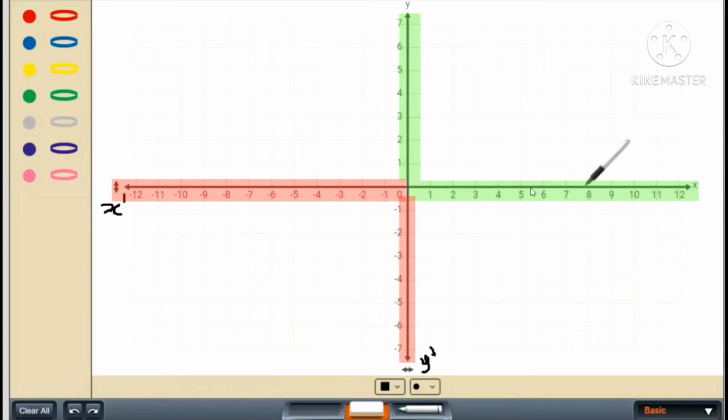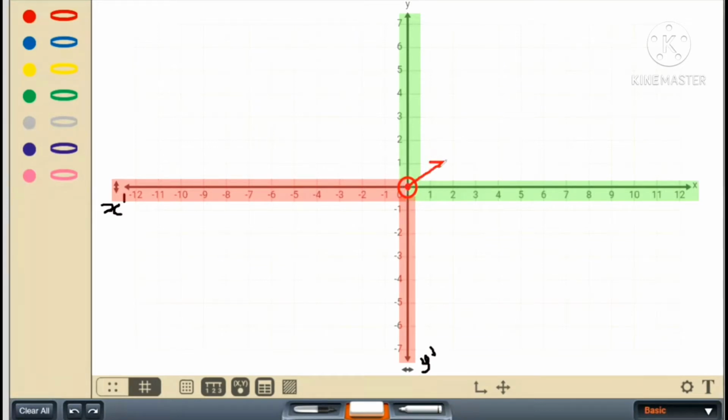So let's see, the x-axis and y-axis are both number lines, and both axes intersect at a point. You see the point of intersection of both the axes there. We call it the origin. So the intersection point is called the origin.